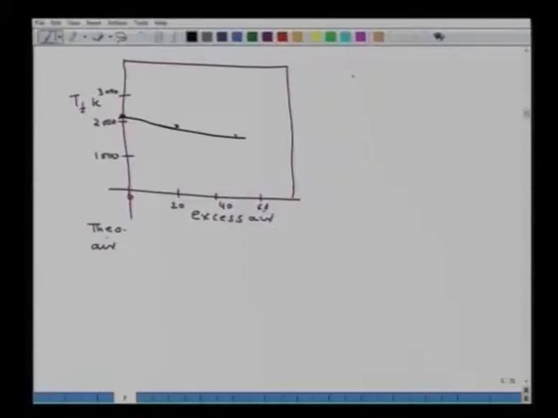First, I will write down: an increase in excess air decreases AFT.